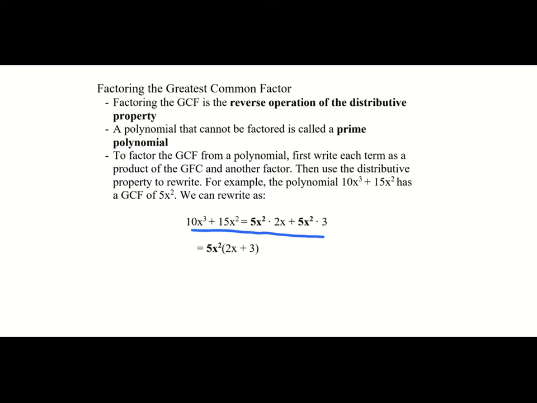I kind of divide it out since I know that it's there. But the big thing here is when you're factoring out your greatest common factor, never throw away your greatest common factor. You always have to put it in that multiplication problem. You can't just get rid of it because it's common to everything. You have to keep it in the problem. Otherwise, both sides of the equation will not be equal.